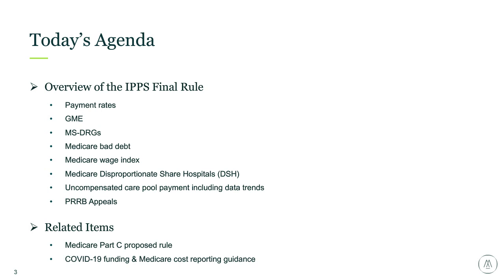Medicare wage index, Medicare disproportionate share, uncompensated care pool, PRRB changes, and also there's a proposed rule out there for Medicare Part C, which is separate from the IPPS final rule, but we want to make sure we cover that, as well as provide you with some COVID-19 funding and Medicare cost reporting guidance. So there's a whole host of topics on today's agenda.